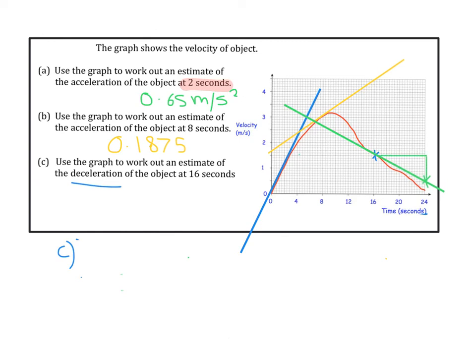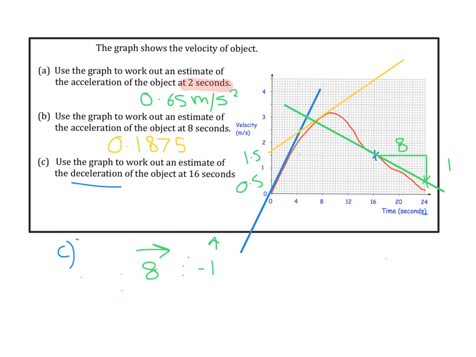So we've got from 16 to 24, so that's 8 across. And we've got from 1.5 to 0.5, so that's 1 down. I'm going to keep the 1 at the moment.